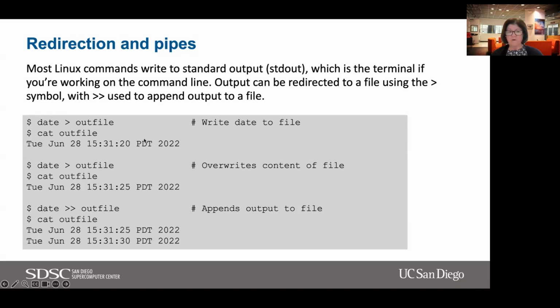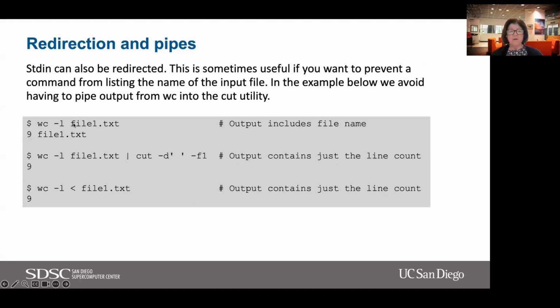Down here, we're actually saying take the contents of this file and make it the input to word count. And it tells us that we have 9 words or characters in that file. This is -L and the name of the file.